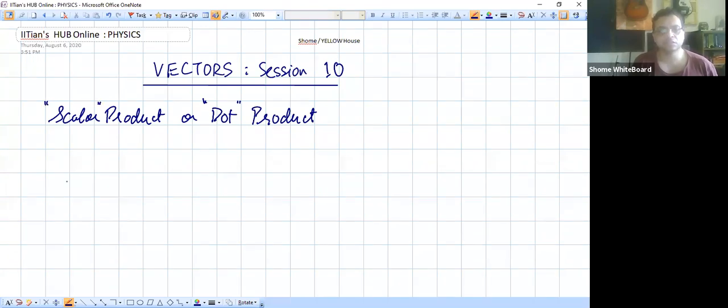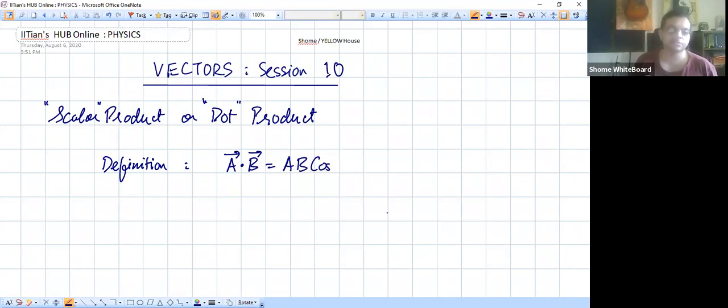So we'd seen that the scalar product by definition equals the product of magnitudes multiplied by cos theta, where theta is the angle between the two vectors.